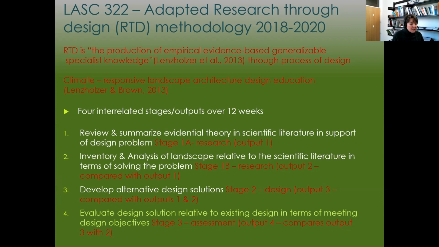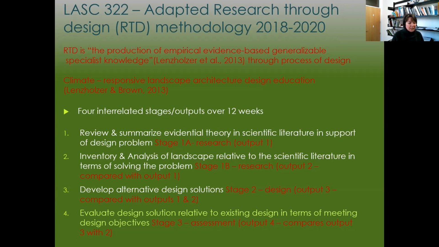Then we had phase 3, which is developing the alternative design solutions. And again, here we're comparing the design solution to outputs 1 and 2. So it's a kind of circular process.